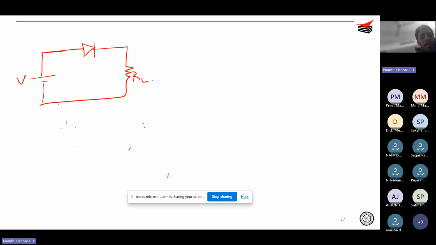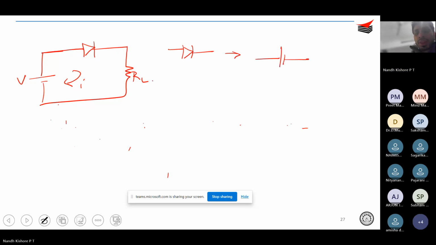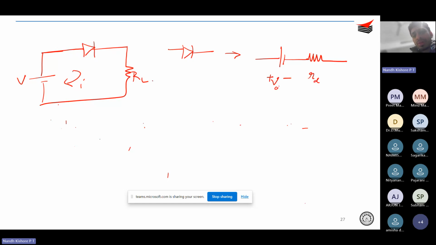Okay, but the point is this diode, when it is turned on, and if it's a practical diode, it can be represented as a voltage source in series with the dynamic resistance, that is RD, and of course the drop due to the cut-in voltage.